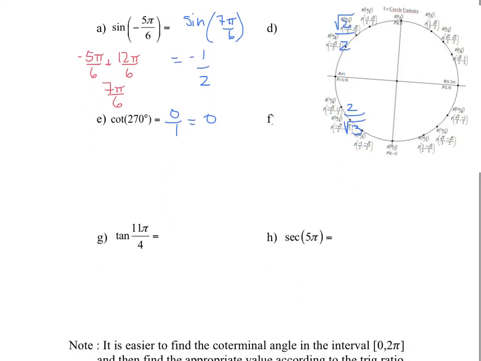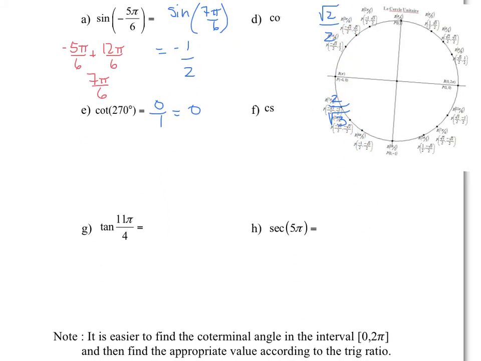Okay, we'll keep going. Tan of 11 pi over 4, again, not a value that's in your first rotation. So what you probably want to do is take your 11 pi over 4 and subtract 2 pi, so you get into your first revolution. Sorry, that 2 should be a 4. And you get 3 pi over 4.